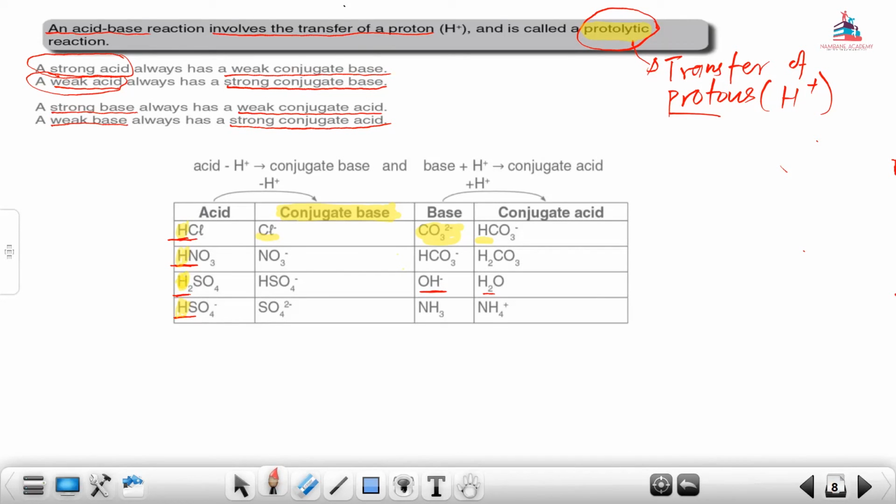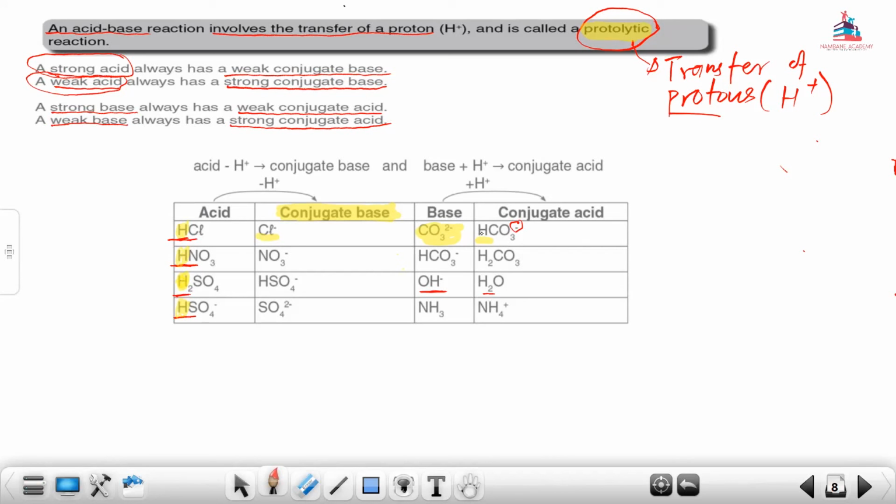Because if you miss the HCO3 minus here at the top, it basically says that cannot be a conjugate acid of CO3 2 minus. So basically, what am I doing? If I am gaining protons, my number of electrons is becoming more and more. It means I'm going to move towards becoming more positive, because a proton brings a positive charge.